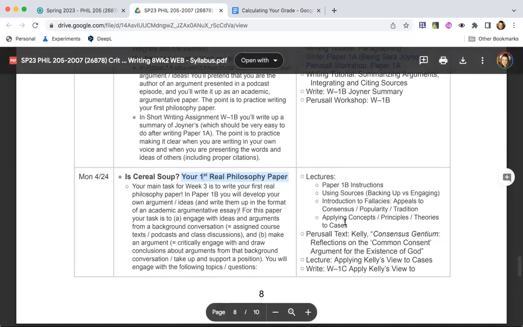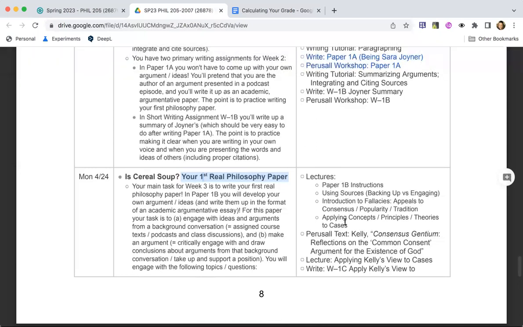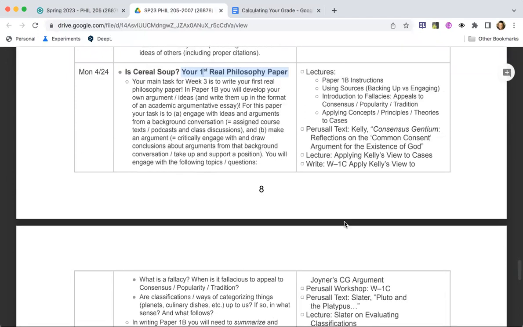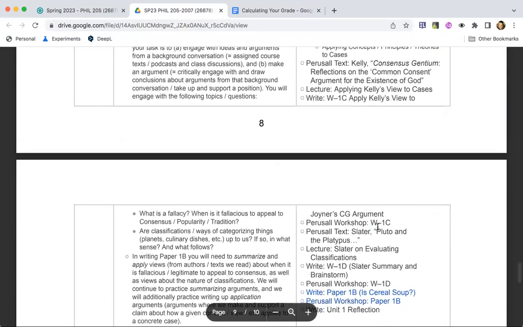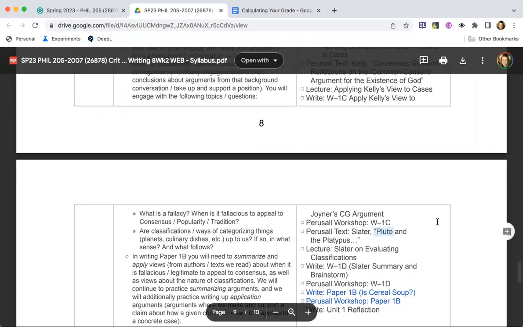We're also going to look at the nature of categories, right? So something that people often say is, well, whether or not something is soup is up to us because we're language users deciding which things go in our culinary categories. So we're going to read a paper about categorizing celestial bodies, planets. What makes Pluto a planet or not a planet?